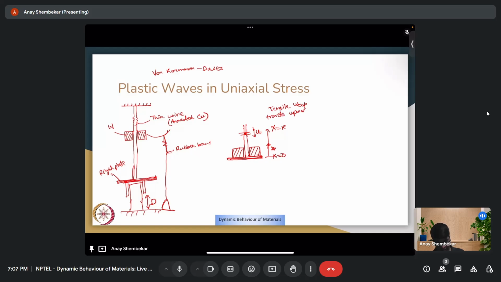And here we assume that the weight falls with a sufficiently high velocity v1, which is not slowed down. So I should write this as initial position upon impact. This v1 velocity remains constant throughout. This is what we assume.